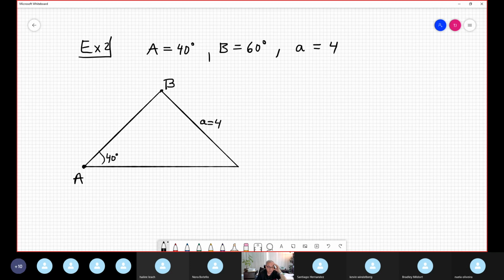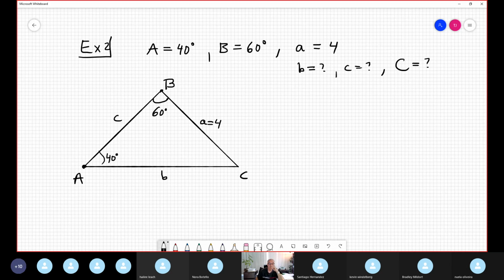I did this sketch on my piece of paper. This is 60. And also this guy is B. Okay, I have no b. B is missing. And c is missing also. And this angle, capital C, is missing also.